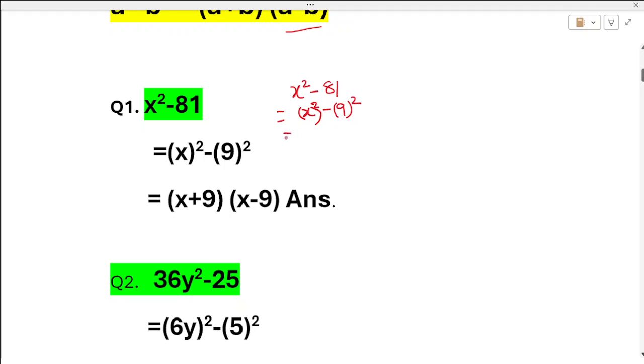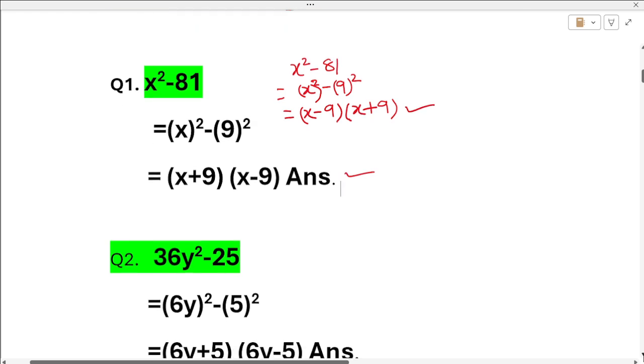So it is a square minus b square. As per the formula, it is the product of the difference term, x minus 9, and the sum term, x plus 9. So the answer is x minus 9, x plus 9. You can see the answer worked out here.